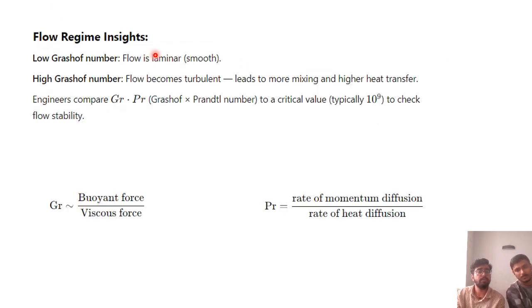So again, for flow regime, we will relate the Grashof number to the Prandtl number as we talked about in the first video. For a lower Grashof number, the flow is smooth. For a higher Grashof number, the flow becomes turbulent, leading to more mixing and higher heat transfer.